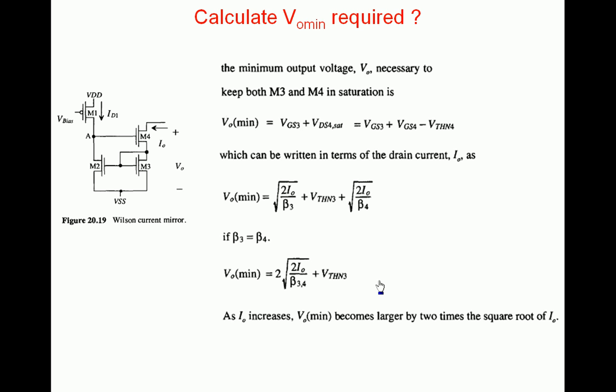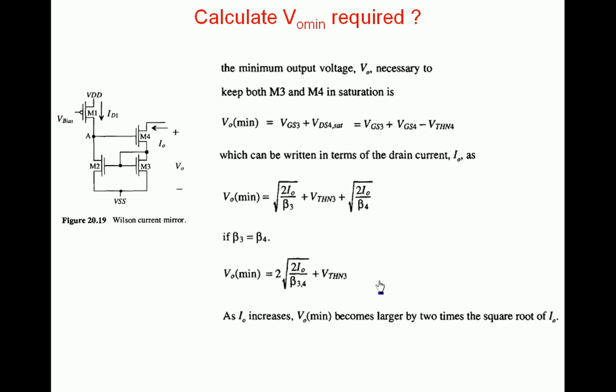One more thing is that V0 minimum depends on the output current. If the output current is increased by increasing the bias, V0 minimum is more. But ideally V0 minimum must be very small. The ideal value is 0, but practically it has to be kept to a minimum.